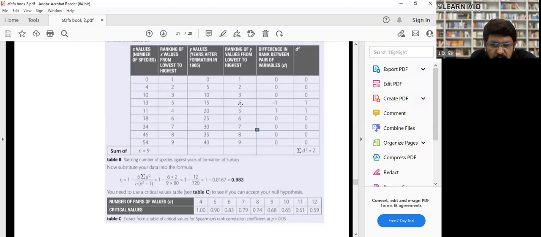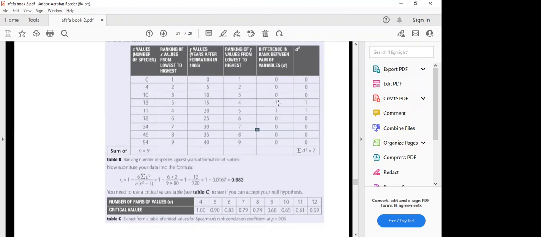This is the fourth rank, right? And this is the fifth rank, right? So there is a difference between the ranks. So here 4 minus 5 is minus 1.